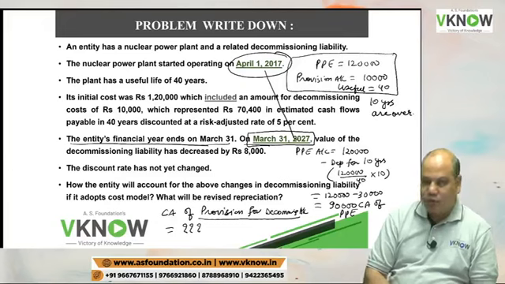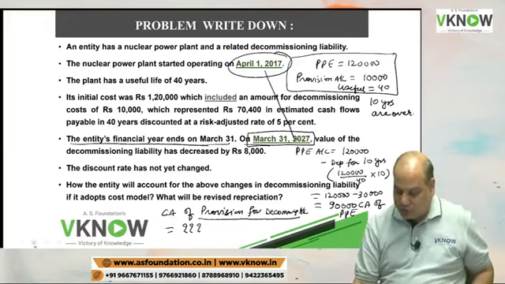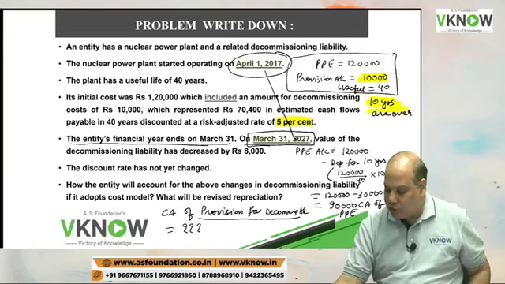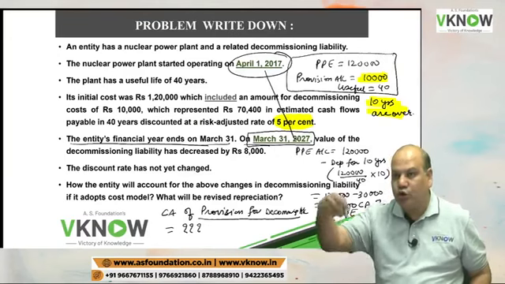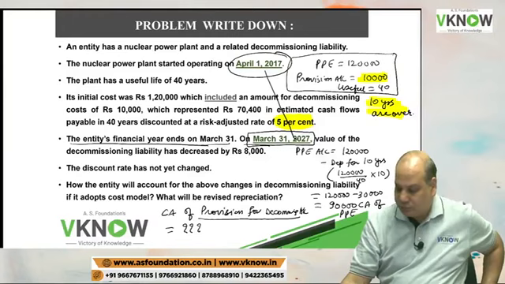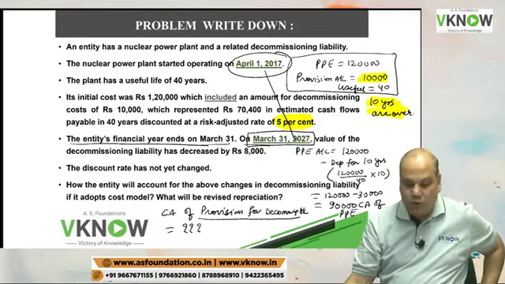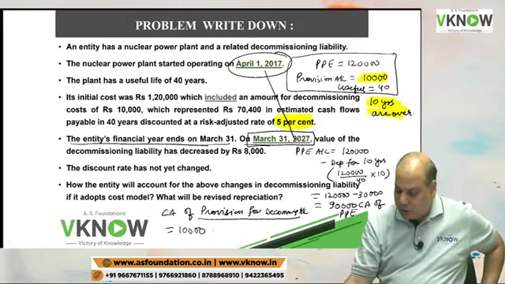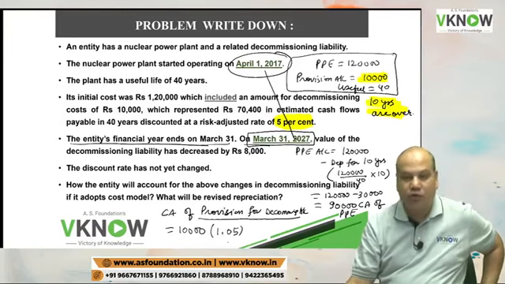Very easy. Your starting number is 10,000 rupees. 10 years are over. You have to add 5% on a cumulative basis 10 times. So the carrying amount of provision for decommissioning expense would be: you take 10,000 and add 5% every year.